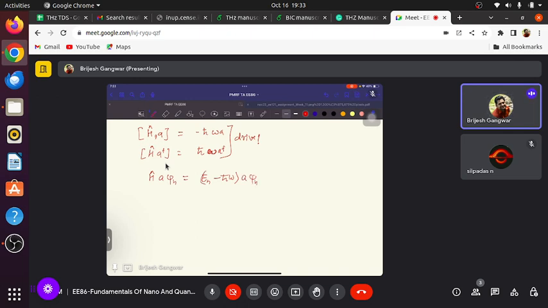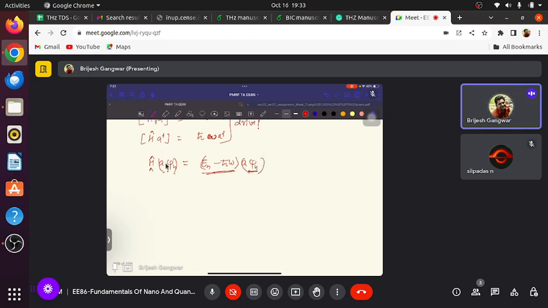So a psi n is an eigenfunction of the Hamiltonian, right? Because it gives the same eigenfunction on both sides with some eigenvalue. Similarly, if you operate with a dagger, then you will also find (En plus h cross omega) a dagger psi n. So this is also an eigenstate of this one.